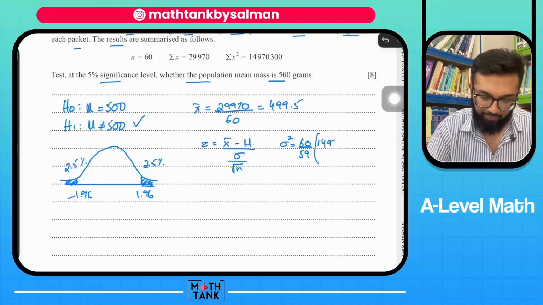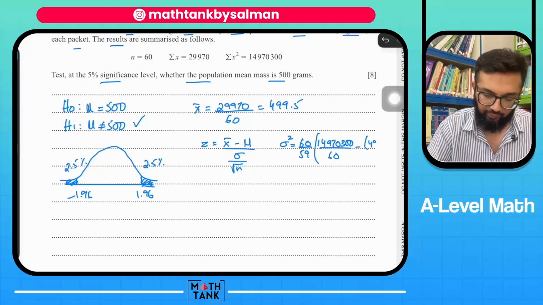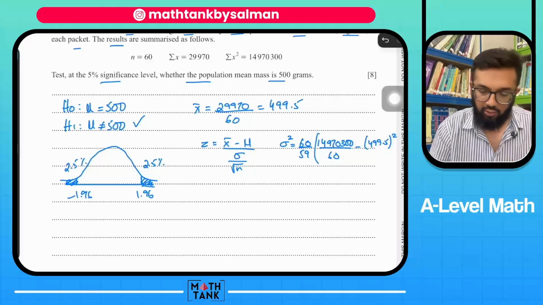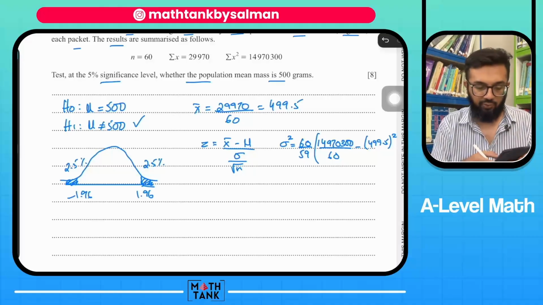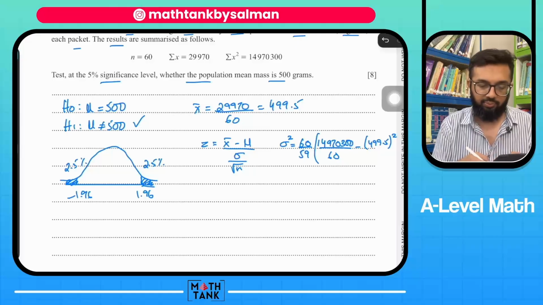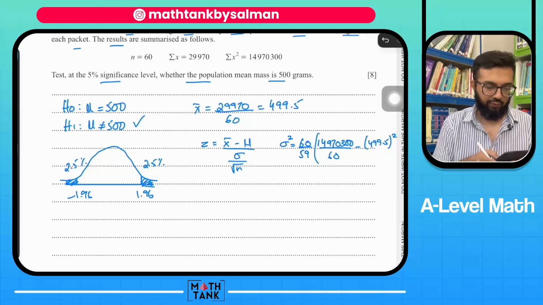The sample variance. Narrowly avoiding that margin, but you should try to do it in a better way on the exam. Minus 499.5.